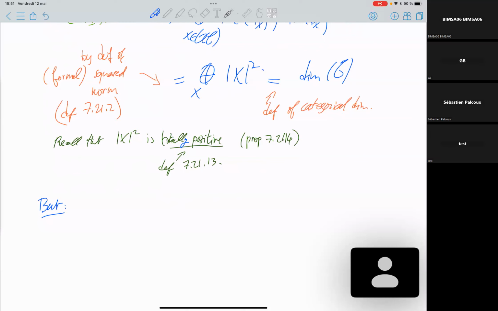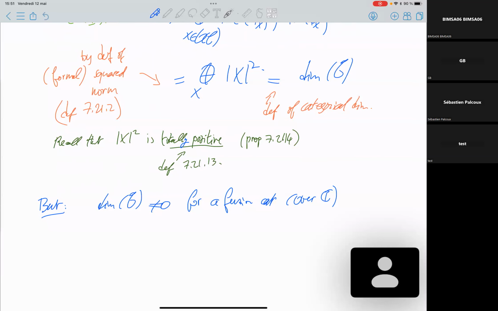Okay, so now we know that the categorical dimension of a fusion category is non-zero for a fusion category over the complex field. Of course, it can be zero on the finite field.